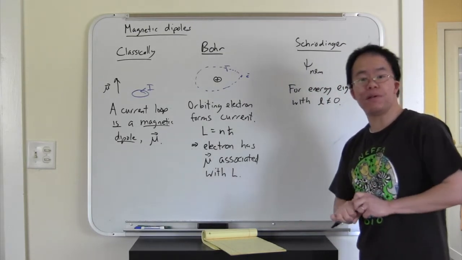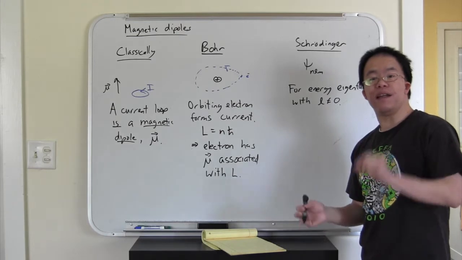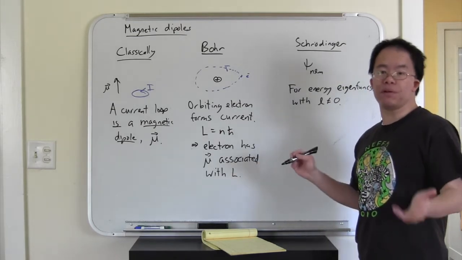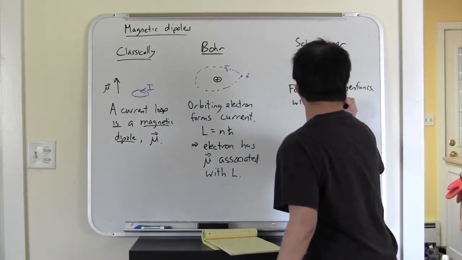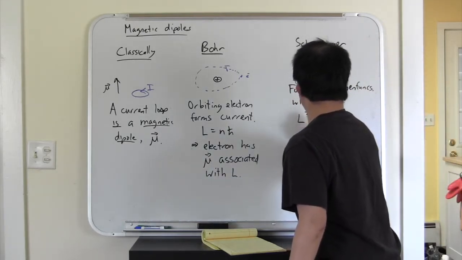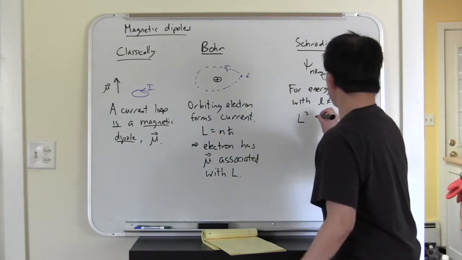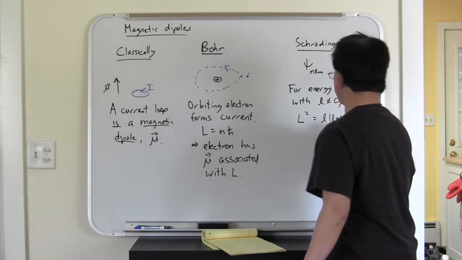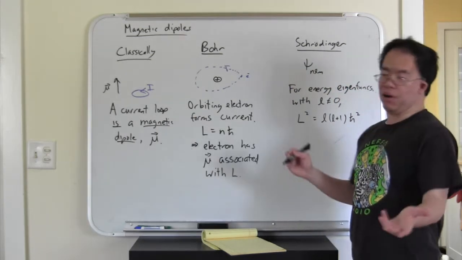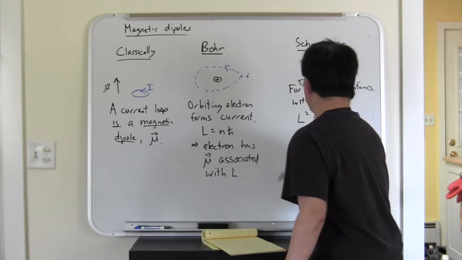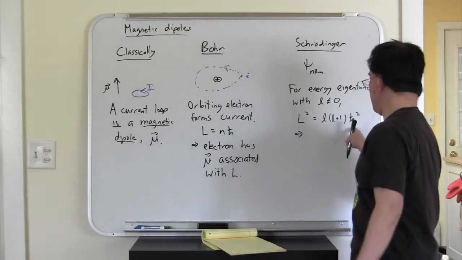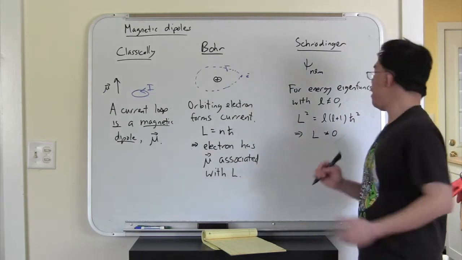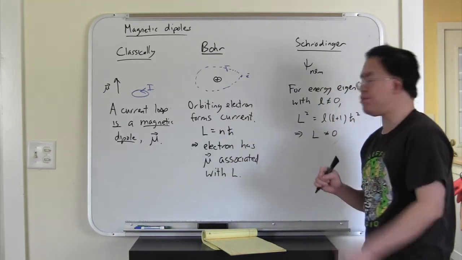not being 0, well, what we learned last time was that any state that has l non-zero has some orbital angular momentum. Namely, the eigenvalue L squared is going to be l(l+1) h bar squared. So if I think about the square root of this eigenvalue, L is non-zero as long as little l isn't 0.